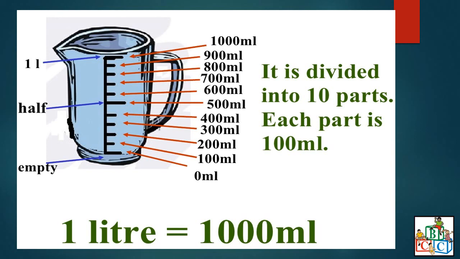As you can see, the measurement starts at 0 ml, 100, 200, 300, 400, 500 ml is equal to half liters, then 600, 700, 800, 900, 1000 milliliters go to 1 liter. So this was an illustration for you to show you the correct measurement of liters and milliliters.